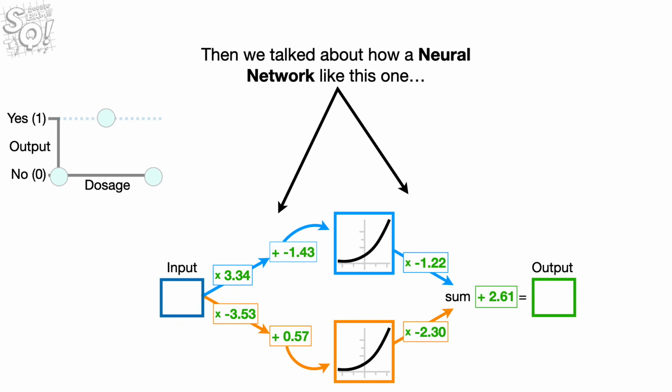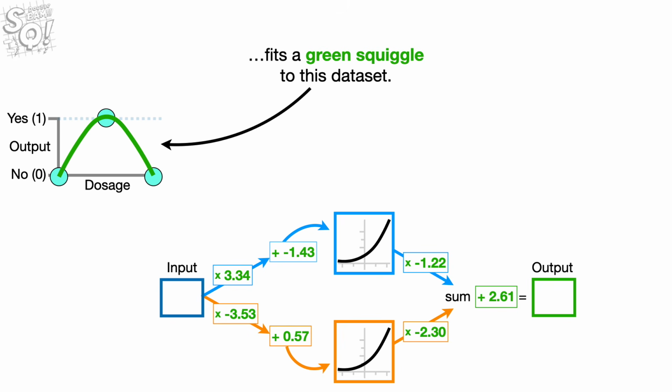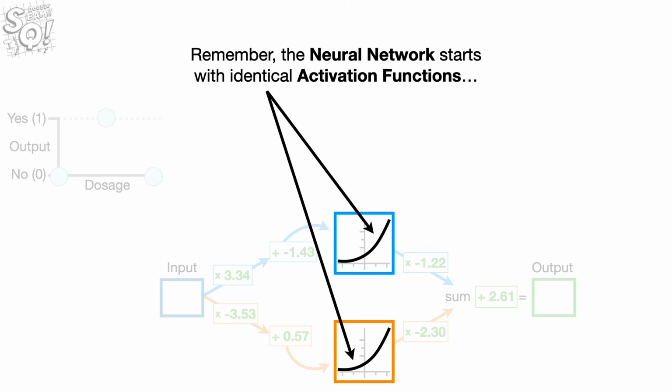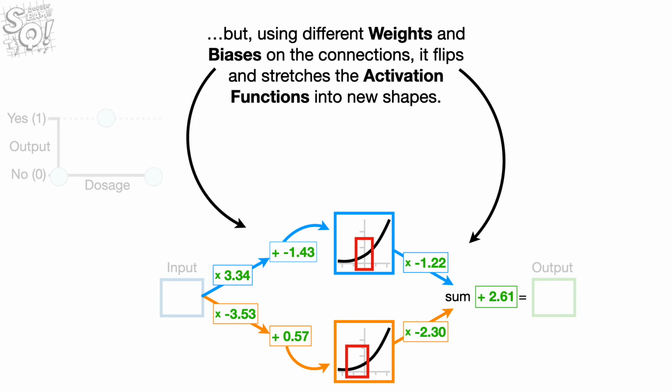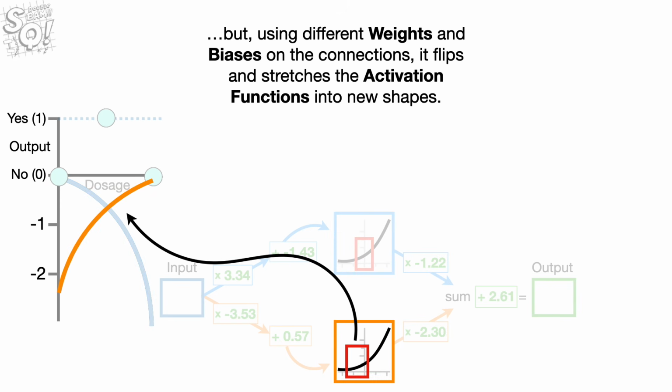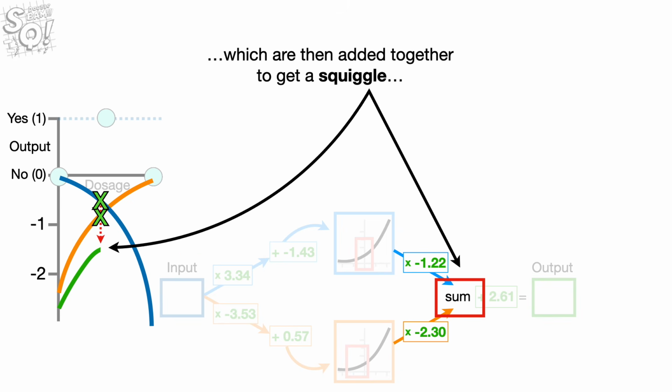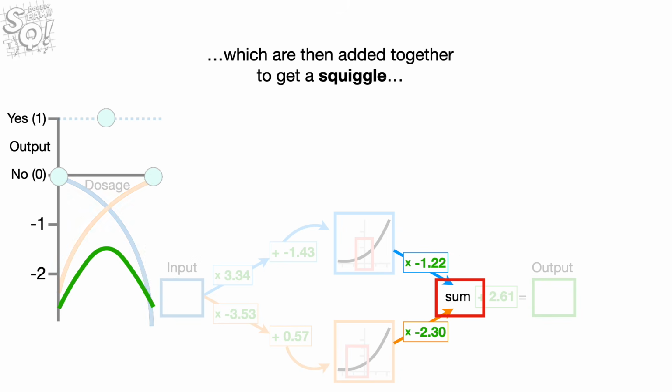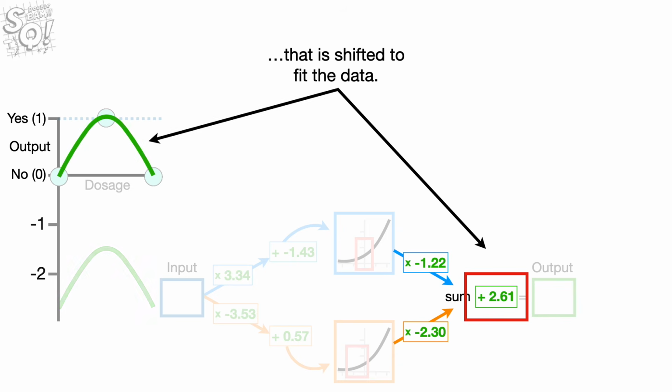Then we talked about how a neural network like this one fits a green squiggle to this dataset. Remember, the neural network starts with identical activation functions, but using different weights and biases on the connections, it flips and stretches the activation functions into new shapes, which are then added together to get a squiggle that is shifted to fit the data.